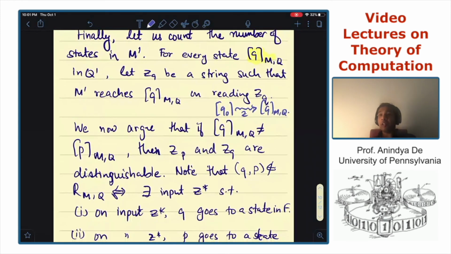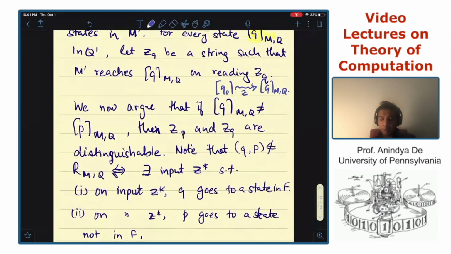Now what I'm going to argue is that if two states in M prime are different, namely [q]_{M,q} is not equal to [p]_{M,q}, then the two strings z_p, which starts from the initial state and takes the automaton M prime to [p]_{M,q}, and the string z_q, which takes it to [q]_{M,q}, must be distinguishable strings. By distinguishable strings, I just mean that (z_p, z_q) is not in R_L, where L is the language of M. Well, why is this true?